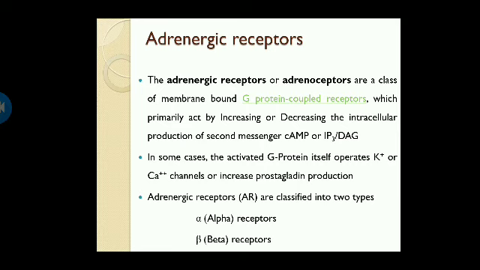In some cases, the activated G protein itself operates potassium ion or calcium ion channels or increases prostaglandin production.